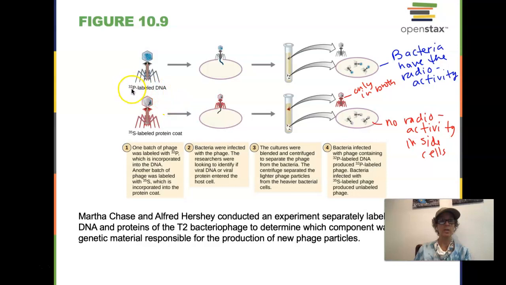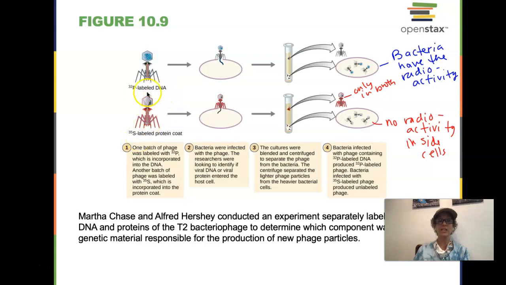This says 32P labeled DNA. 32P is an isotope of phosphorus. It's a radioactive isotope of phosphorus. And 35S is a radioactive isotope of sulfur.